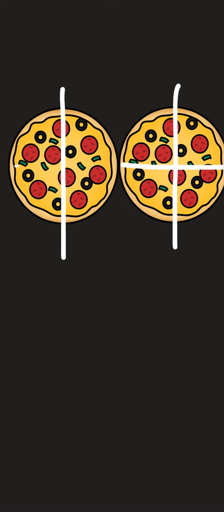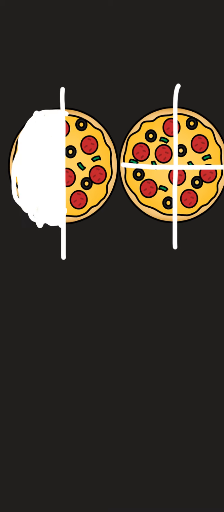So if we go back to our pizzas, here I have split the whole into 2 equal pieces. If I've got one of those pieces, so I've got this one, then I've split my whole into 2 equal parts and I've got one of them.